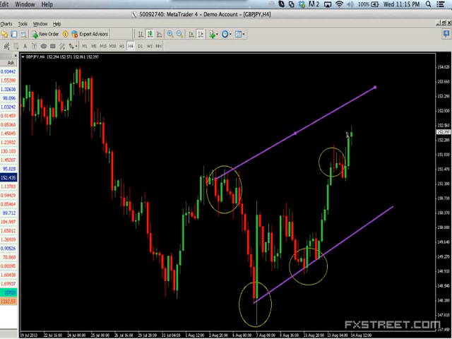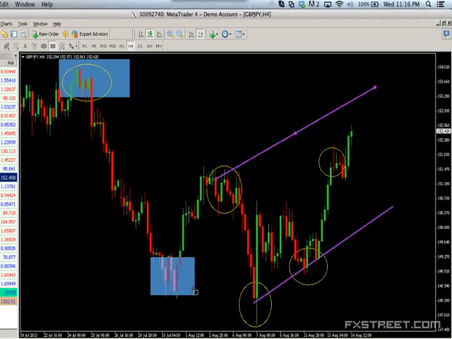Now this thing can keep going north until this big picture area gets challenged. Are we going to go above this area or will we fall short of it, giving you the overall picture of the market? This is a miniature move inside this big move that's happening right now from this area to this area. Okay, everyone with me so far? Anyone confused here?